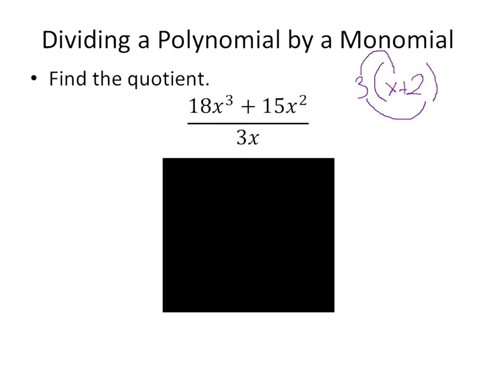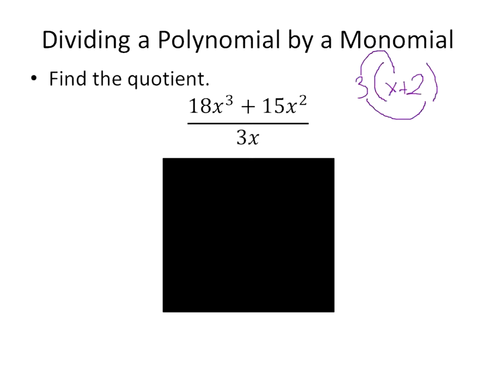So based on knowing that, what do you suppose you're going to have to do for this problem? Here we had to multiply the 3 times each part. What do you suppose should happen here? Divide what? Yeah, I'm going to divide each part by this.